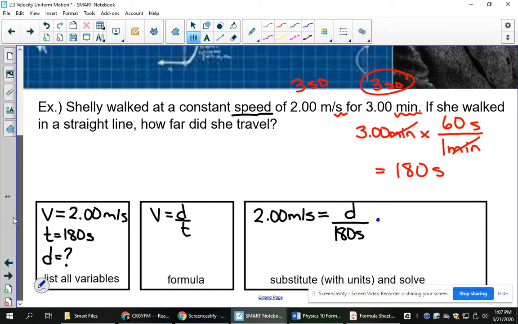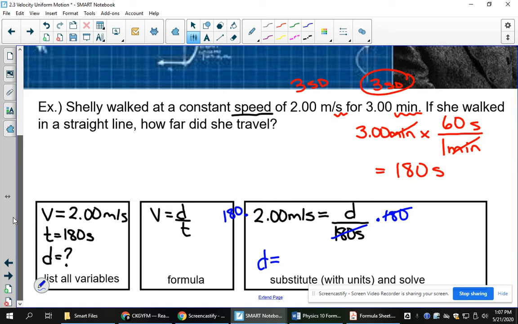The opposite of divide is times. I'm going to times both sides by 180. Top and bottom cancels, and on this side we have just D left. And on the other side, we have what we need to punch into our calculator, 180 times 2.